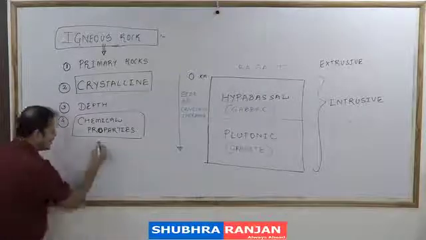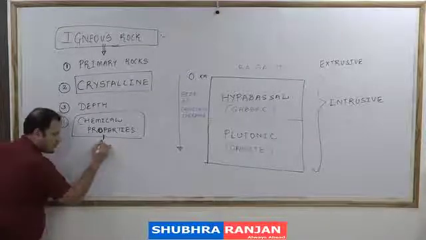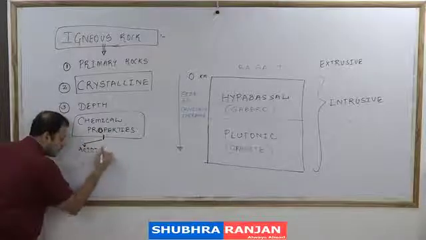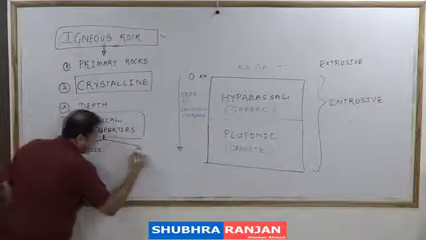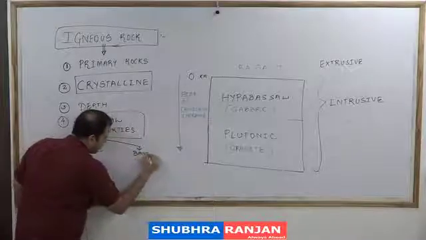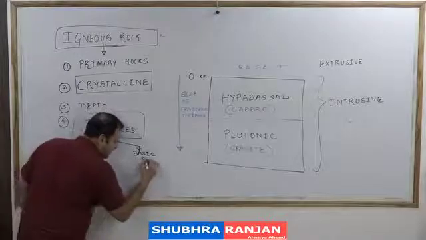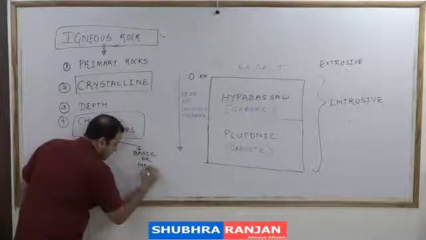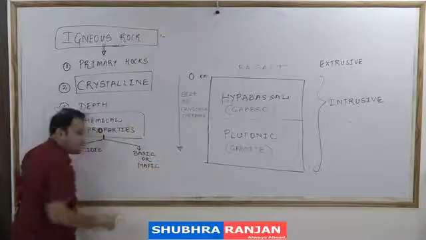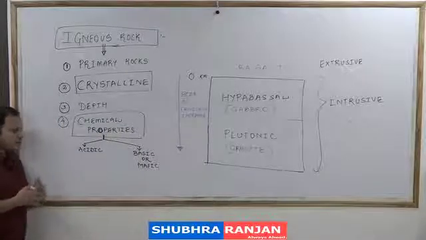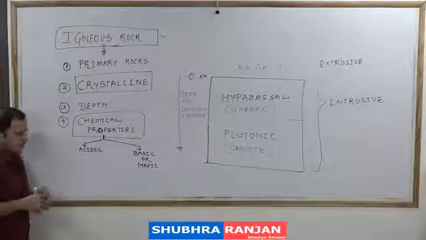Which two types? We have done this. Acidic igneous rock and basic igneous rocks. The other name of basic I just gave you is mafic, because it has more iron in it. Acidic igneous rocks or mafic igneous rocks.